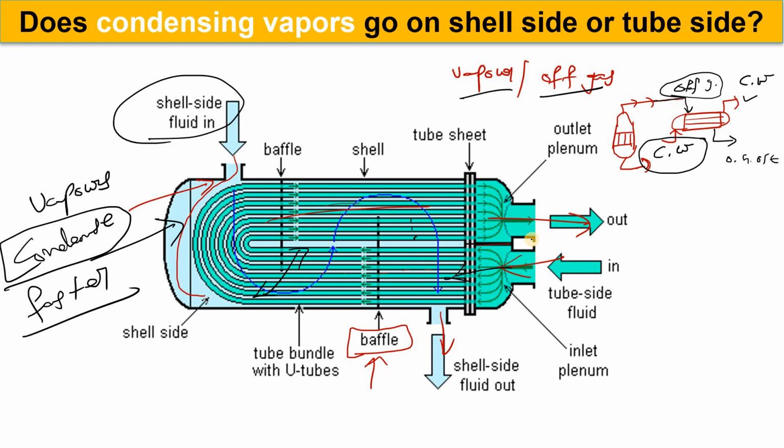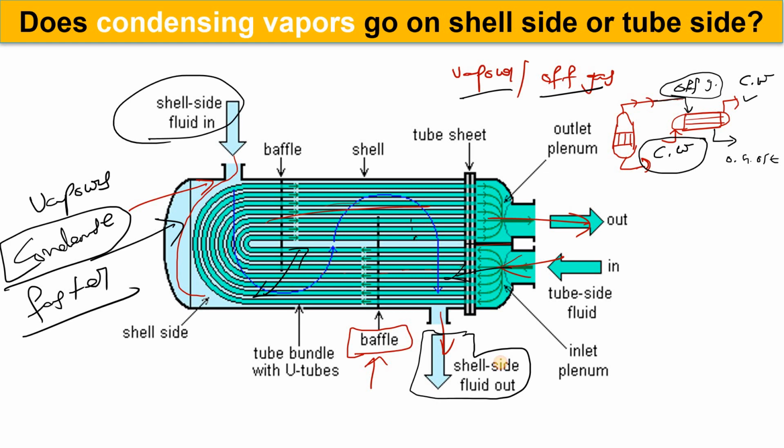But why is it at the shell side? Because you have to condense it, or simply because you want to increase the heat transfer. The area is more here, so heat transfer will be more, and it will be condensed, and then you can simply collect the condensate from the bottom.